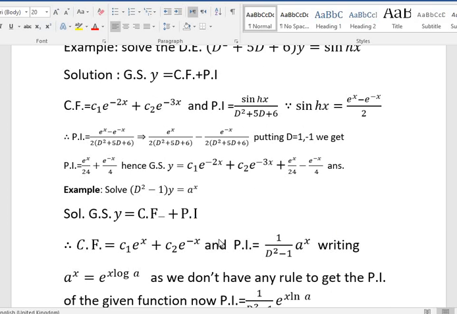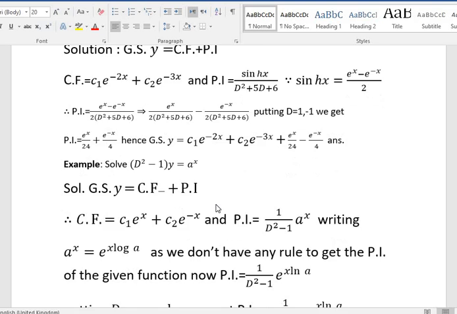Now another question, this is also a very good question. Solve the differential equation (D^2 minus 1) y equal to a^x. Maybe we are confused about how to solve it, because we studied only case 1, the e^(ax) form, but here it is given as a^x, not e^x. No problem.